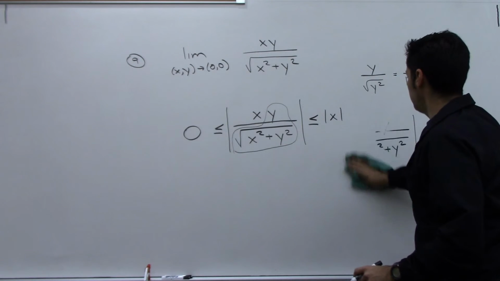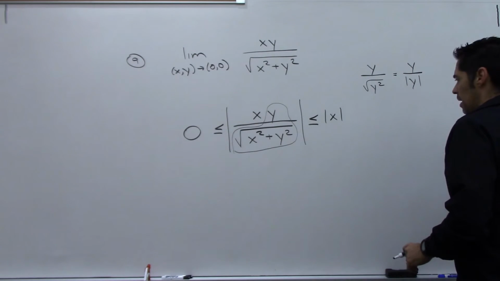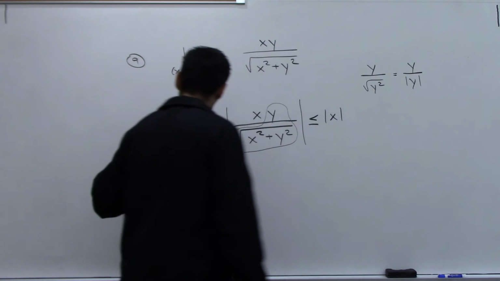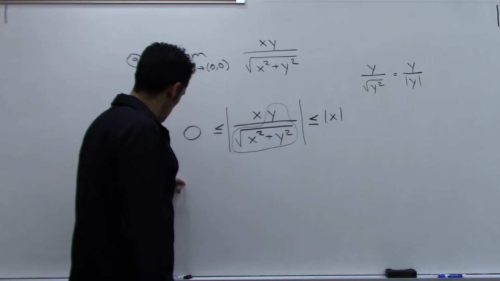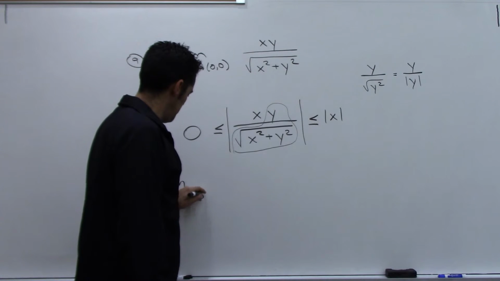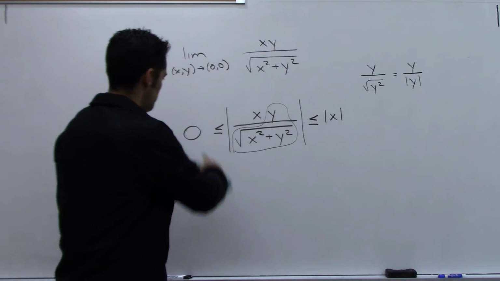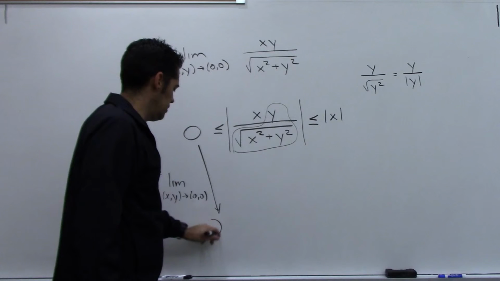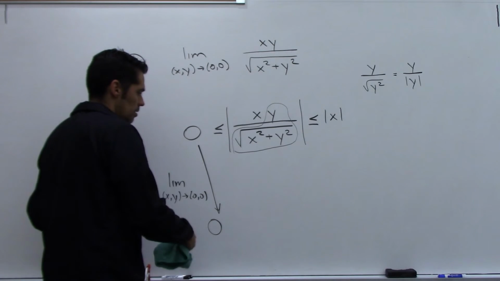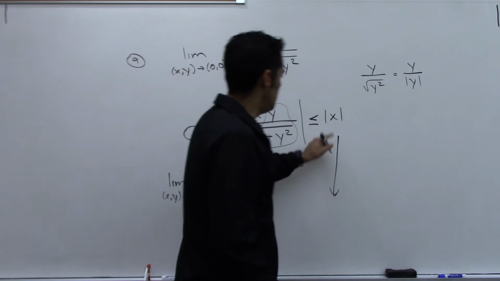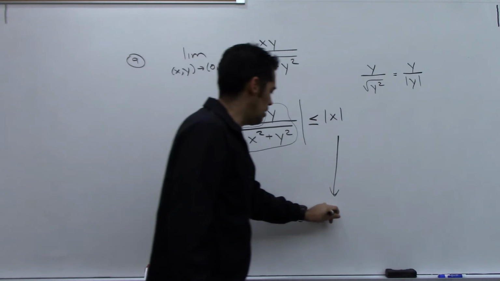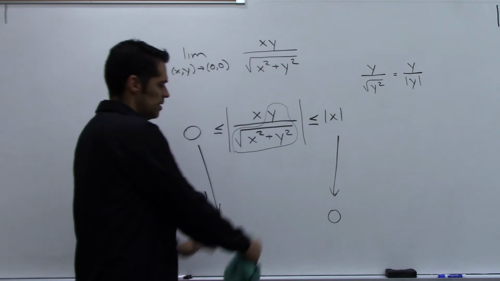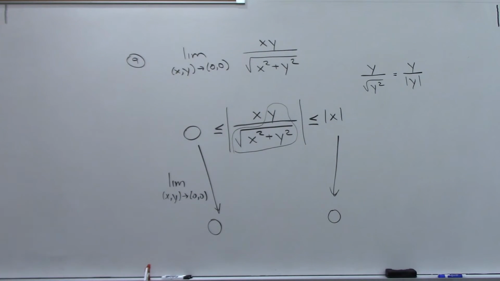And if we have that, then we can take the limit as (x, y) approaches (0, 0) on all three of these. Where's this one going to go? Nothing happens to it because it's already 0. And on this side, if I let x go to 0, I get 0. And so this has to be squeezed between those two.